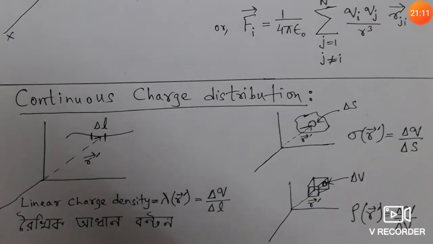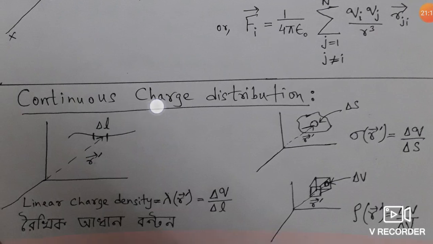Now let us discuss point number 7, continuous charge distribution. Instead of point charge, we move onwards to continuous charge distribution. Let us consider a single line element containing charge. Here we consider a small element delta L which contains charge delta Q, at a distance r dash from the origin.